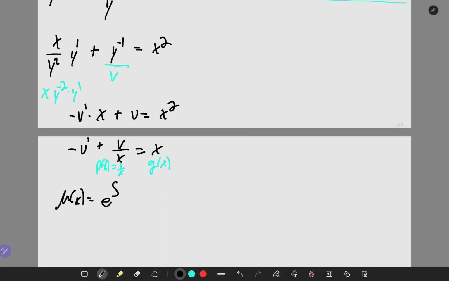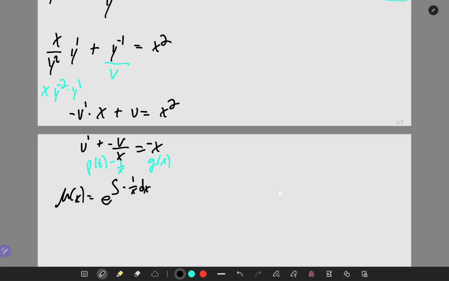When you divide by x, you should also divide by the negative that's in front here. So then all these other terms here would become negative. You should definitely get rid of the negative on the first term. So then our p of t is actually negative 1 over x, so this would be negative 1 over x dx.